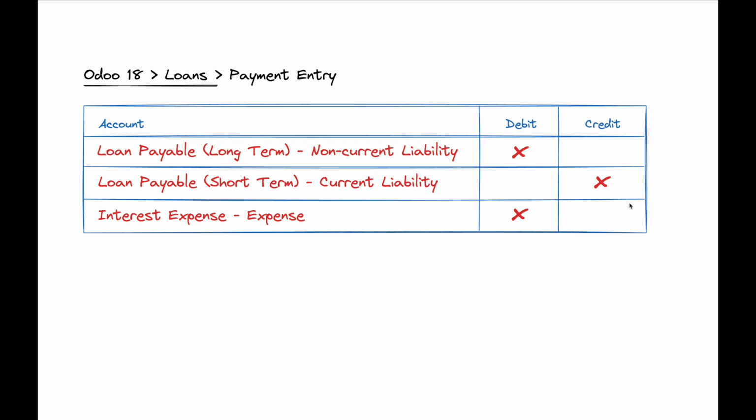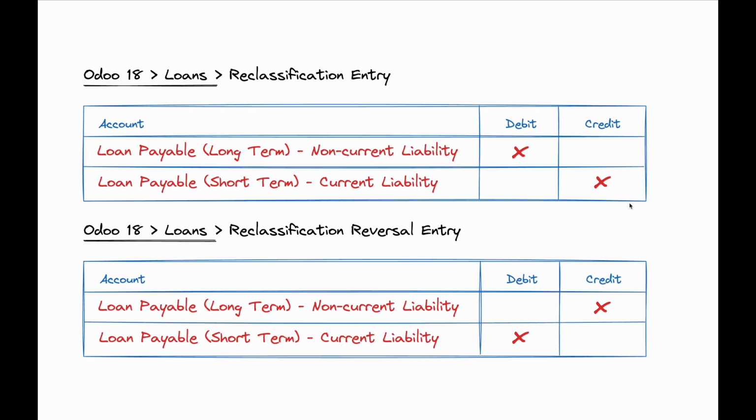Our current liabilities will also increase and will decrease our long-term liability because we're making a payment to that loan. Then there are the 2 reclassification entries. The first one is just simply going to debit our long-term payable, credit our short-term payable, and then finally our reclassification entry, which will reverse the 2.